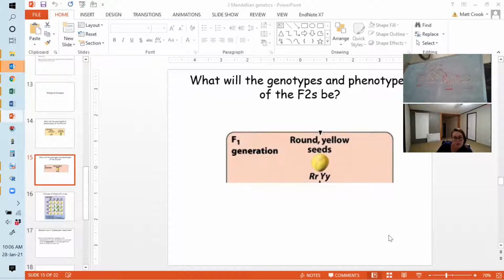Every time you have a little r, you're going to have a little y or a big Y. Or you could do it the other way around. Every time you have a big Y, you're going to have either a big R or little r, for example. It doesn't really matter which way around you do it. It's exactly the same outcome. And so essentially, you're going to have 2 to the power of 2 combinations.